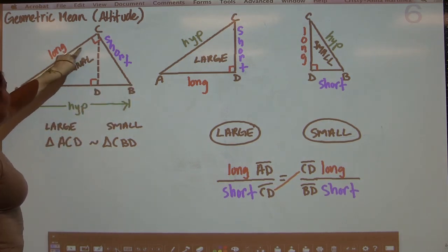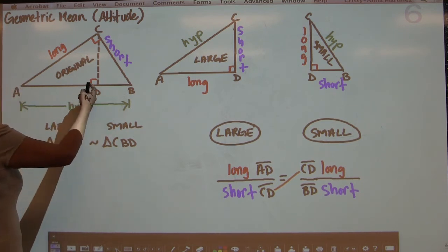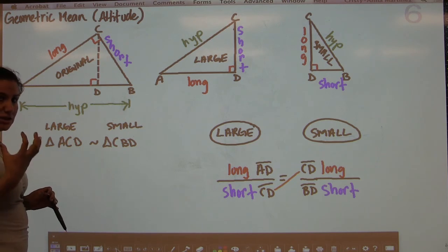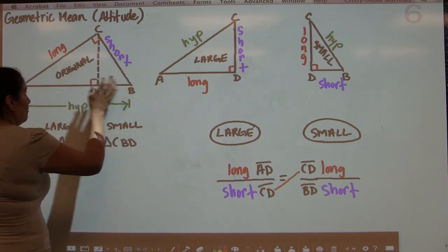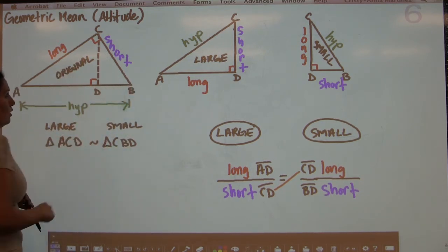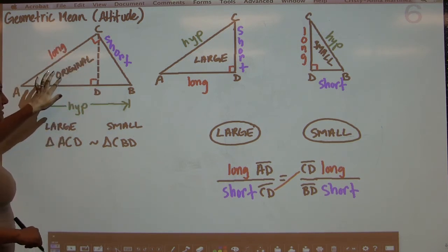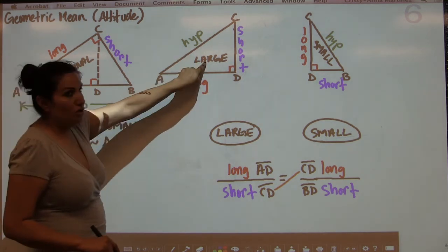The long leg of the original triangle also happens to be the hypotenuse of the large triangle. So again, when I'm saying these terms, the original refers to ABC, the large refers to the left, and the small refers to the right. So the long leg of the original triangle is the same as the hypotenuse of the large triangle.